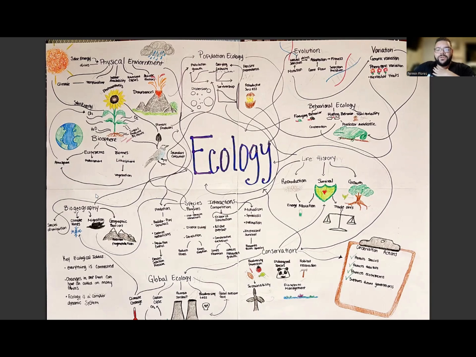The biosphere is connected to populations, species interactions, and biogeography because environmental systems influence where organisms live and how ecosystems function in general. Biogeography is also connected to the biosphere and environmental conditions. In this section, I included species distribution, migration, climate zones, geographic barriers, and habitat fragmentation.